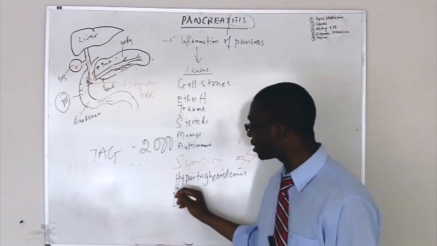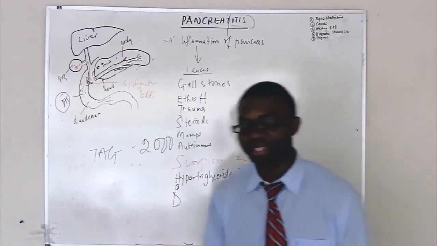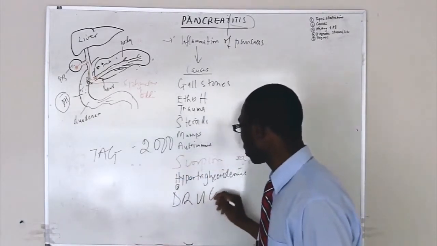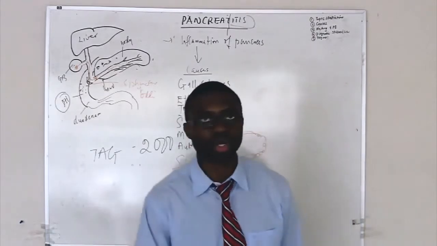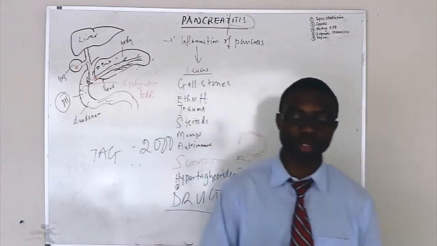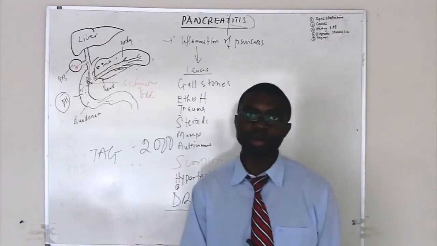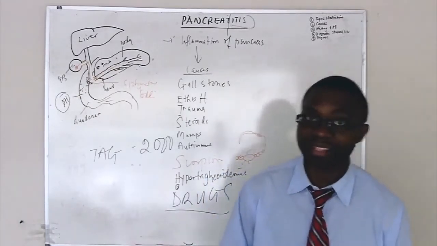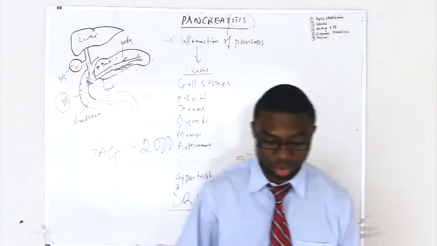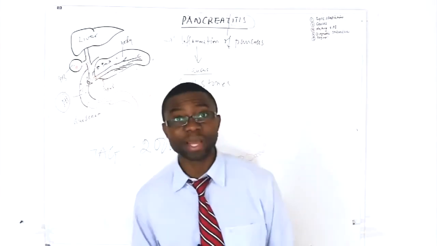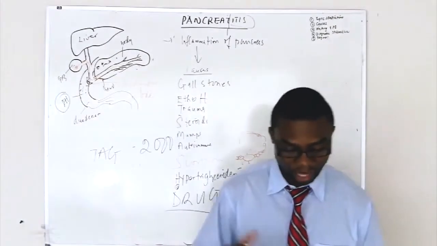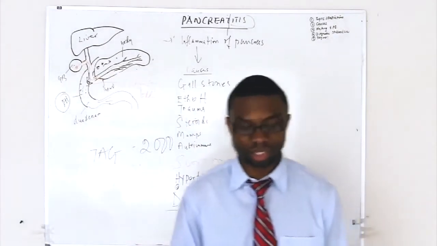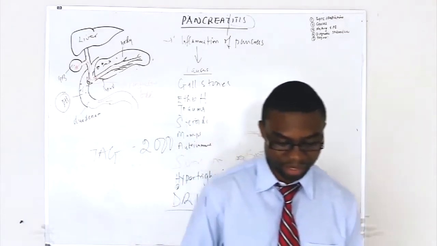Now the E, see it's hidden in there? Yeah, E doesn't mean anything. But the D, though, is notorious. Drugs. On your boards, Step 2s especially, you better know this. Furosemide can cause pancreatitis. Thiazides and azathioprine can cause pancreatitis. Seizure medications like valproic acid can cause pancreatitis. HIV medications like didanosine, and also pentamidine.